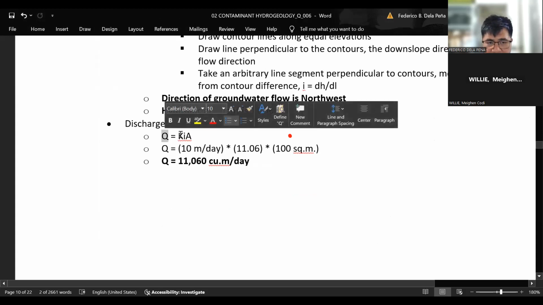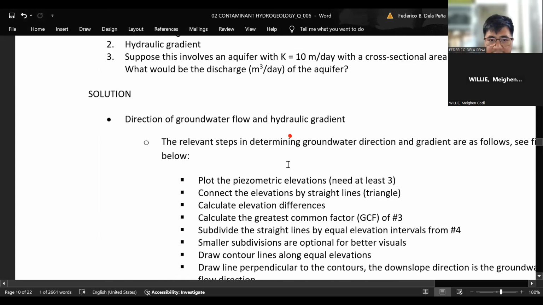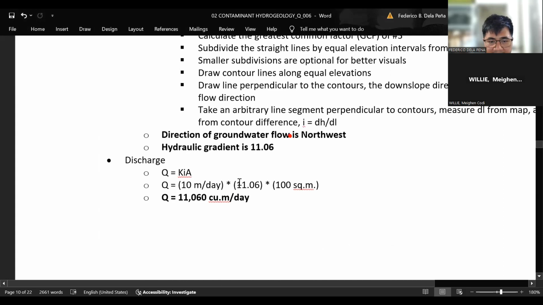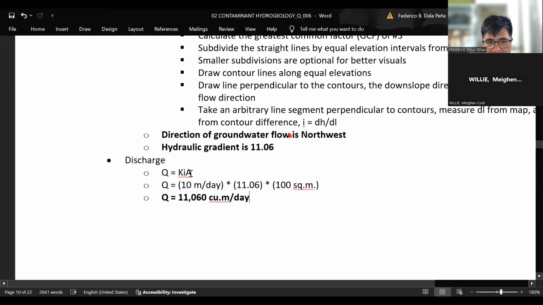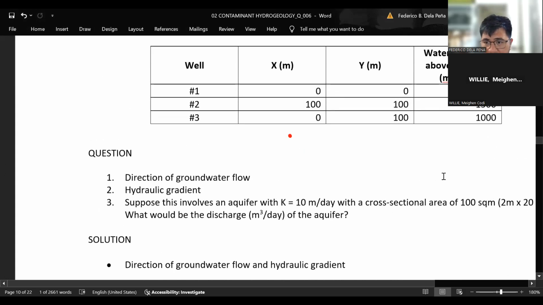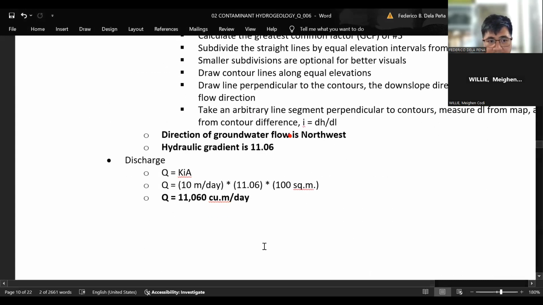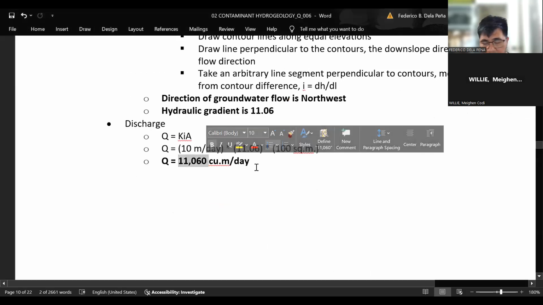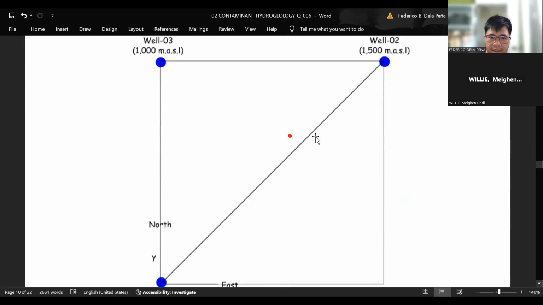So you just need to multiply the hydraulic conductivity, which is already given, 10 meters per day, by the hydraulic gradient, which is 11.06, and then by the cross-sectional area, which is also given, 100 square meters. And you will get 11,000 cubic meters per day of discharge.